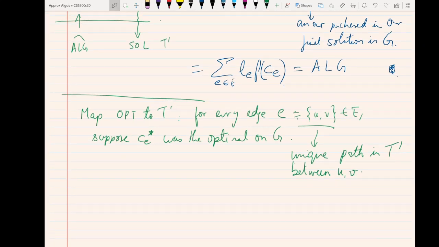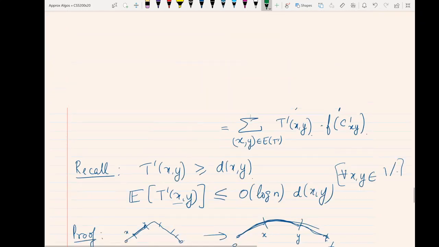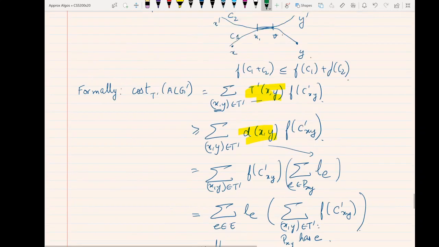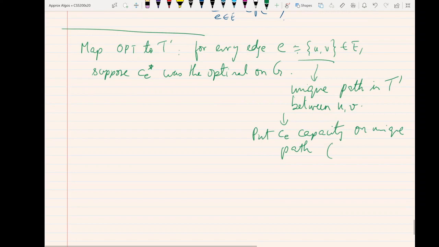And so you put CE amounts of capacity on that unique path. Purchase C capacity on that path, and if you recall the notation I had used over here, I'd call this P prime of UV. And this should be CE star. Now this has given us a solution to the same instance on T prime.